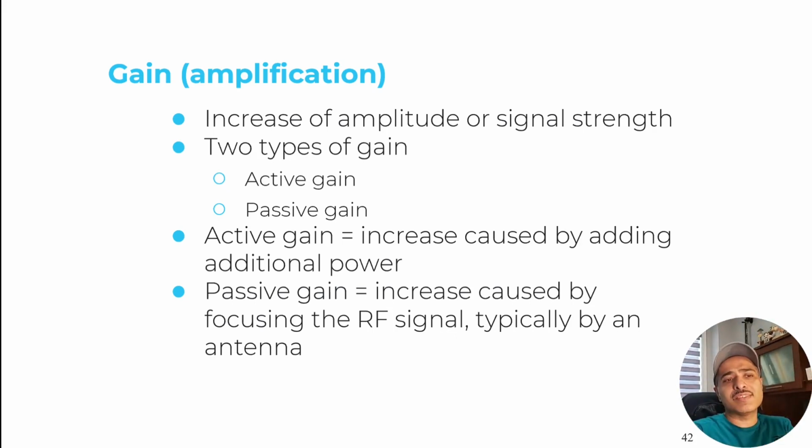That is passive gain. That's where antennas come in, where they focus the energy in a certain way, like directional antennas. We'll talk about that when we cover antennas. So active gain is when you're actually adding power. Passive gain is when you're using antennas to focus that power in a certain area. Okay, hopefully that helps.